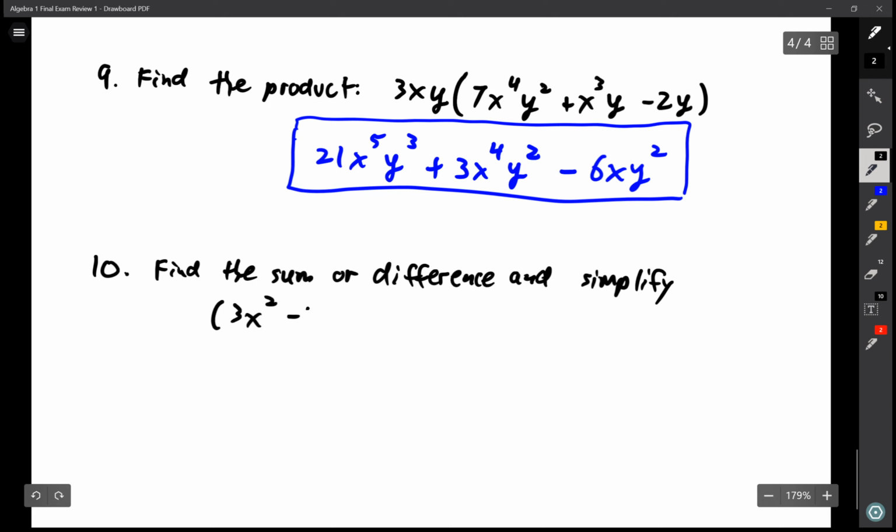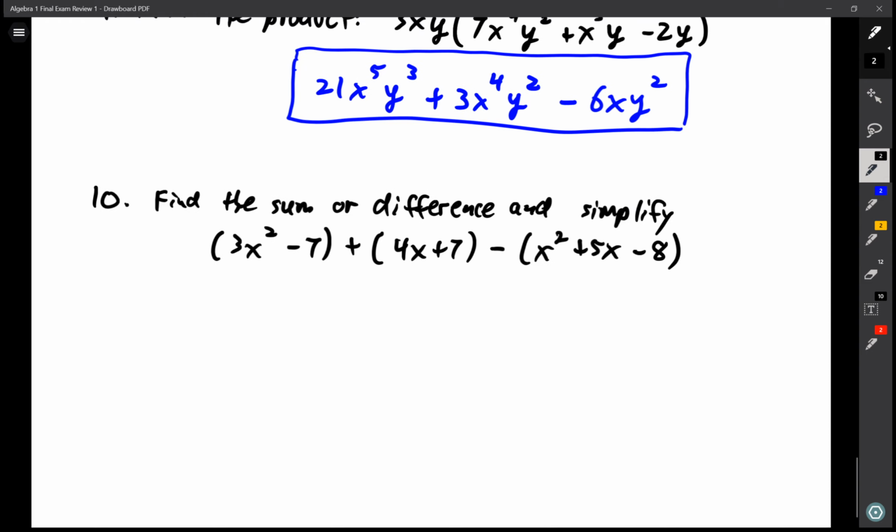Okay, one way of doing this is to get rid of the parentheses and distribute any negatives that you need to. So maybe let's do that first. So we have this positive 3x squared, right, because this is an understood positive there, minus 7, and we have plus 4x plus positive 7 minus x squared minus 5x, because this negative here distributes to this whole chunk.